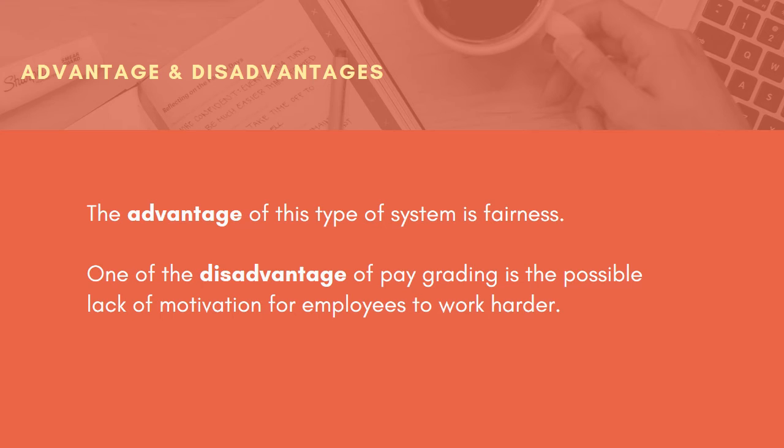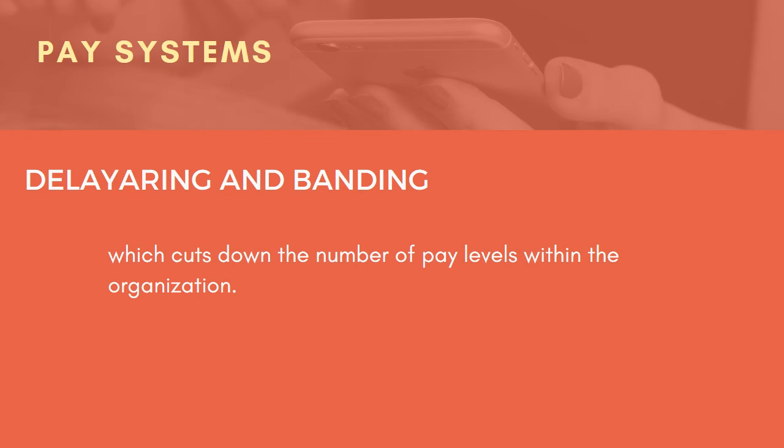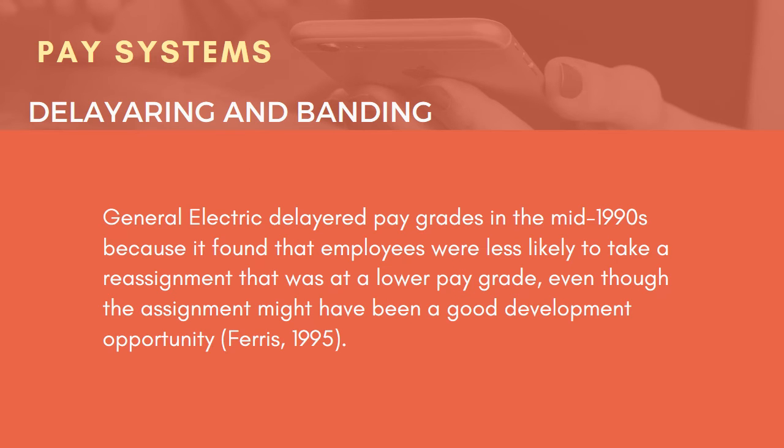Sometimes this system can also create too many levels of hierarchy. For example, some organizations have moved to a delayering and banding process, which cuts down the number of pay levels within the organization. For example, on what happened to General Electric according to Ferris 1995, General Electric delayered pay grades in the mid 1990s because it found that employees were less likely to take a reassignment that was at a lower pay grade, even though the assignment might have been a good development opportunity.